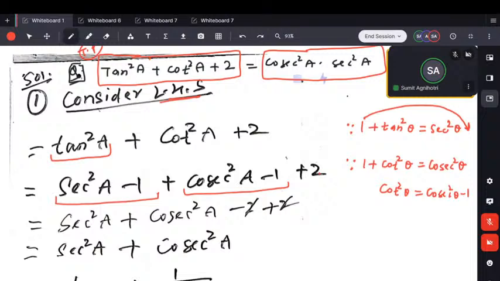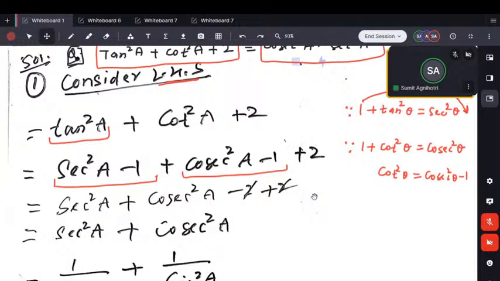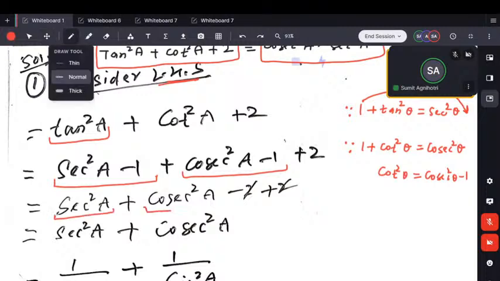I am telling everything with all needed steps, you don't worry, just focus here. Now you just take sec square A and cosec square A, and the minus 1 and minus 1 become minus 2, plus 2 is already there, so they get cancelled. We now have sec square A plus cosec square A.